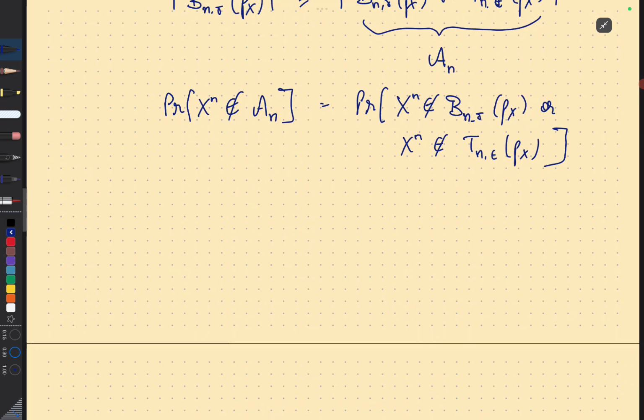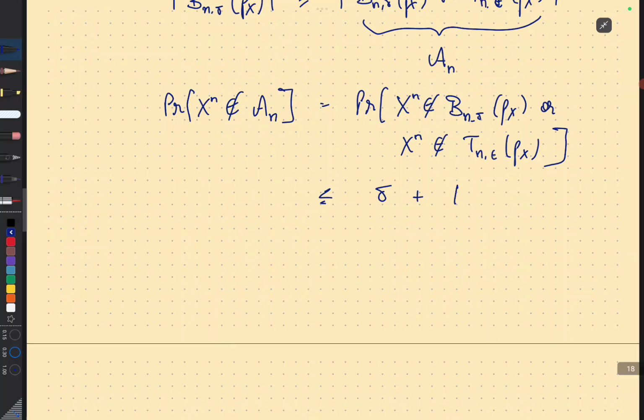So by the union bound, this is less than or equal to the probability that Xn is not in B_n^delta, which is delta, plus the probability that Xn is not in T_n^epsilon, which is something that vanishes with n.